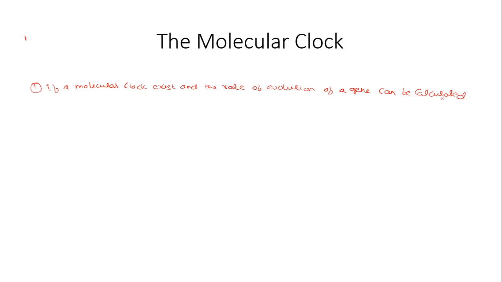This is the very first example. With this information at hand, one can easily use it for dating the unknown divergence time between two species just by comparing their DNA or protein sequence.